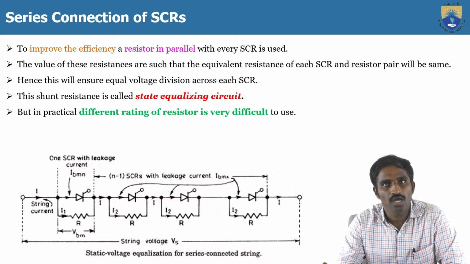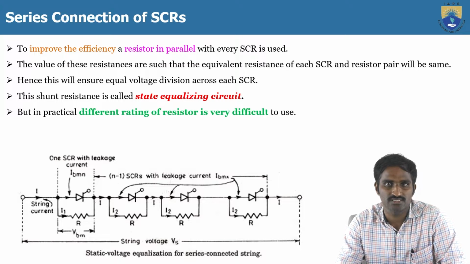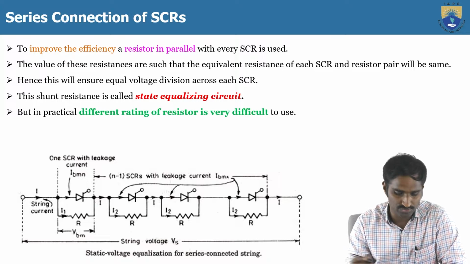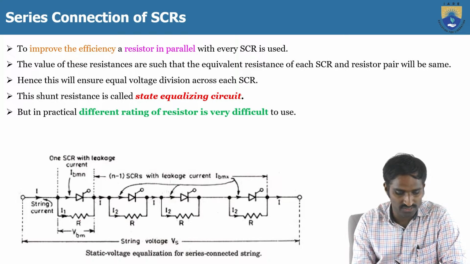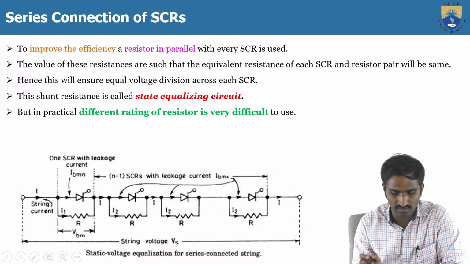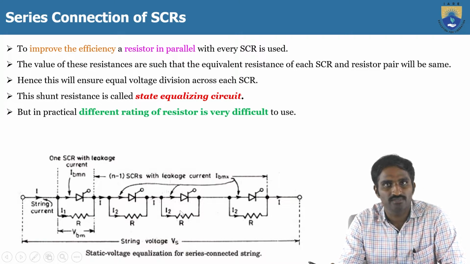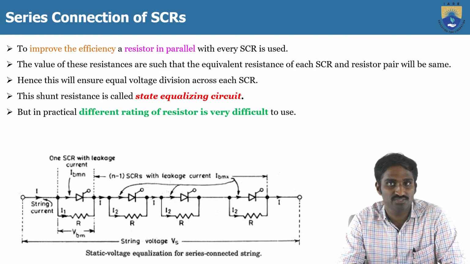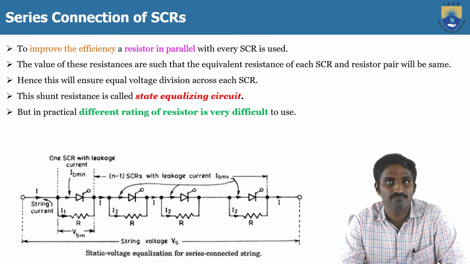Then how do we decide the resistance value? As you can see, the current flowing through each thyristor is different, here I1, here I2, so the resistances may be different.